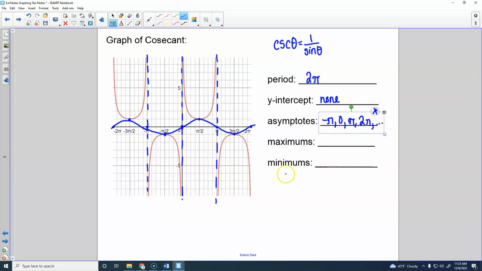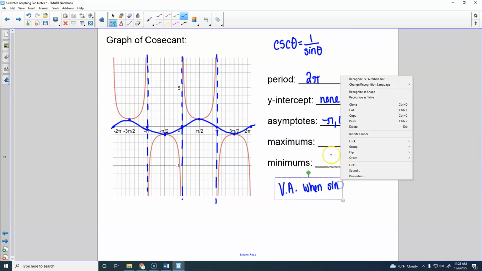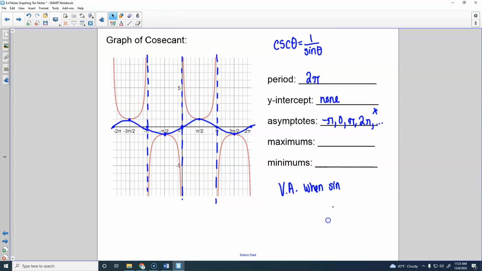And if we put a note right here, we'll have vertical asymptotes when sine of theta, or x, whatever you want to use there, equals 0, because your denominator would be 0, which is undefined. And we won't worry about maximums and minimums.